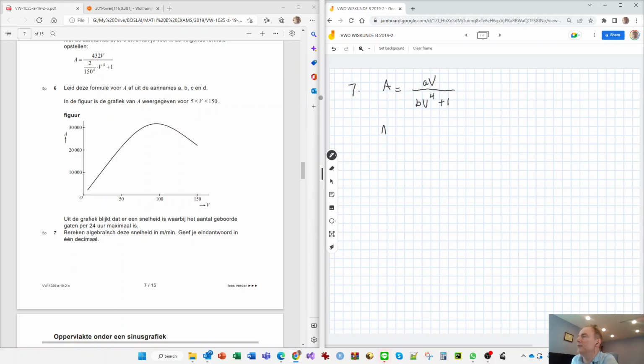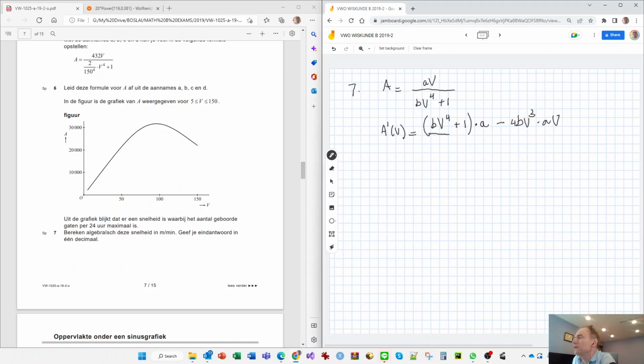So A prime of phi is the denominator times the derivative of the numerator, so we get B, just to repeat this thing here, times A, and then minus the derivative of the denominator, 4b phi to the power 3, times a phi.